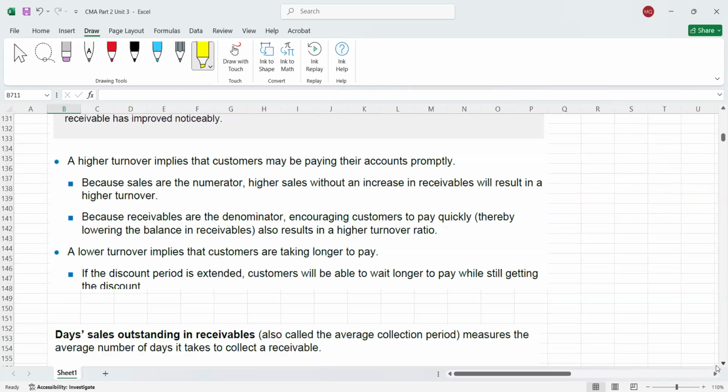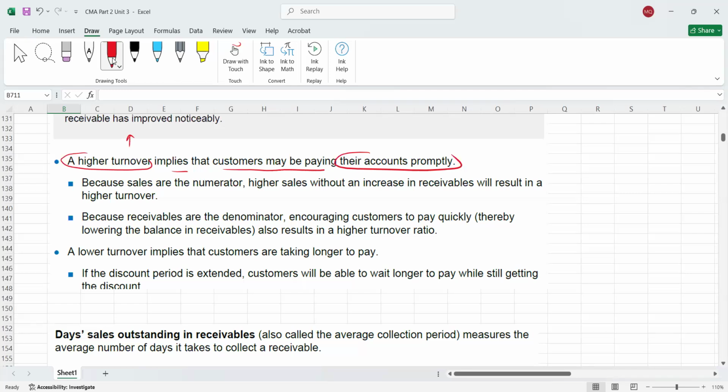Now here we got some points. These points, by the way, I have already explained, but I'm trying to link them now. They're saying that if the turnover ratio answer is higher, if there is a high turnover, it implies that customers may be paying their accounts promptly. That's why turnover is high: we are converting our receivables into cash more times.